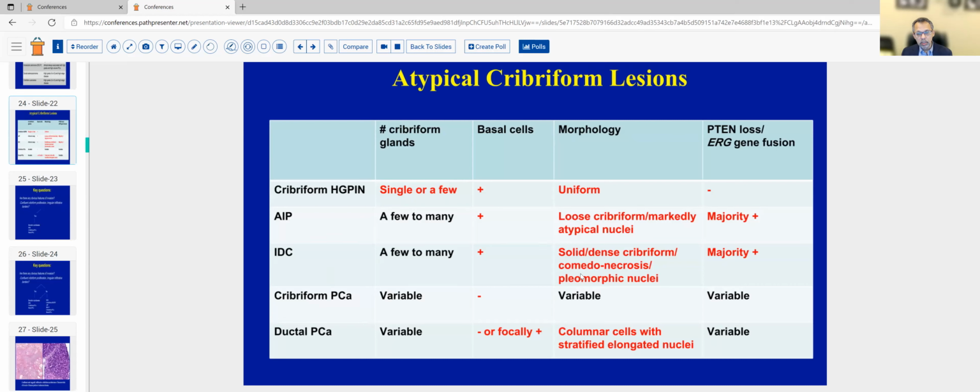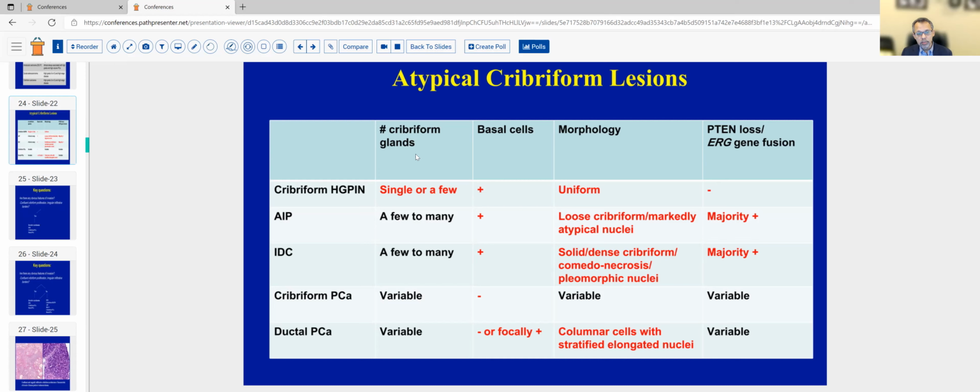The distinction in this particular spectrum is quite challenging, even though, as I said, you can primarily focus on secretory epithelial cells and the status of basal cells. That is not going to be enough in the majority of lesions.